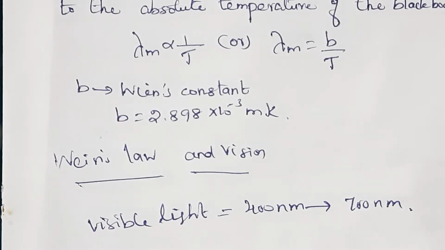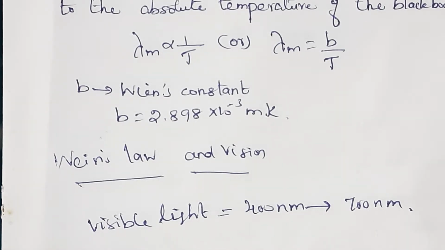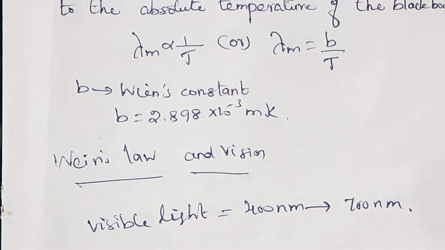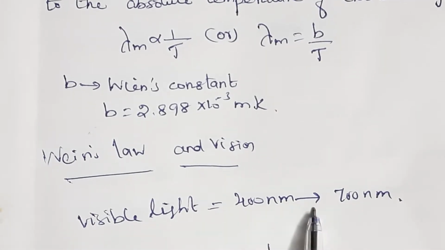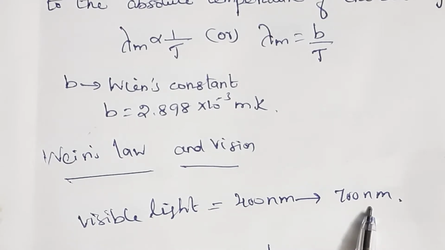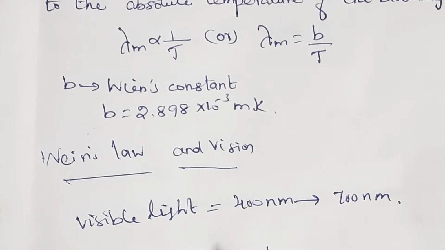It emits radio waves, microwaves, UV rays, IR rays, etc. But among that, we can see only the visible light wavelength. Why is our eye sensitive to only visible wavelength? The visible wavelength is in the range of 400 nanometer to 700 nanometer. Why can we see this visible light alone? Let's see the answer.